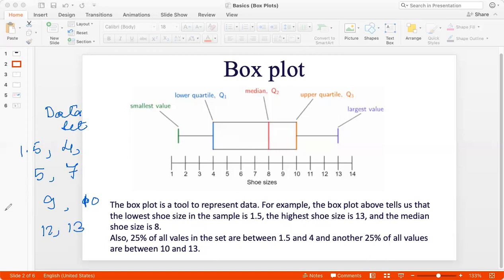So let's say these are my 8 values in the data set. So how would I draw a box plot for this?